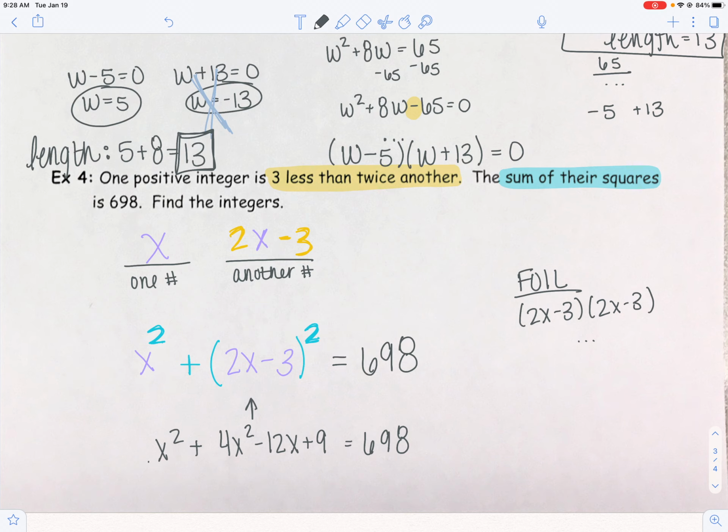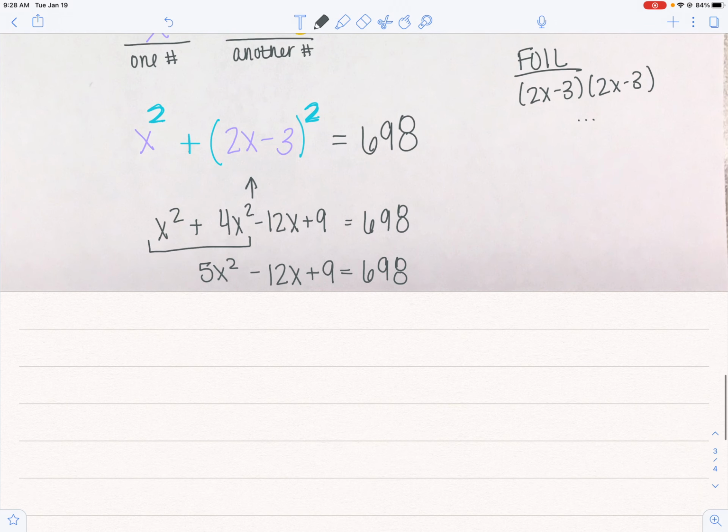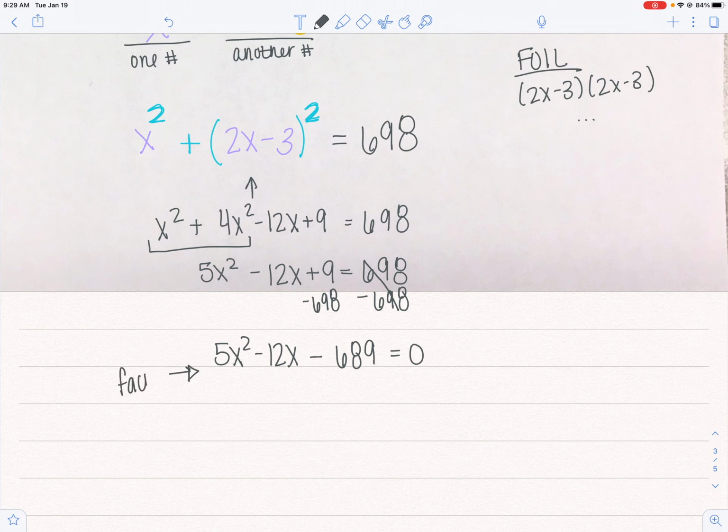Now it's combine like terms, and so I'll have 5x squared minus 12x plus 9 equals 698. I've got to get it equal to 0, so I'm going to move this thing over, and I'll have 5x squared minus 12x minus 689. Now this is what I'm going to factor.